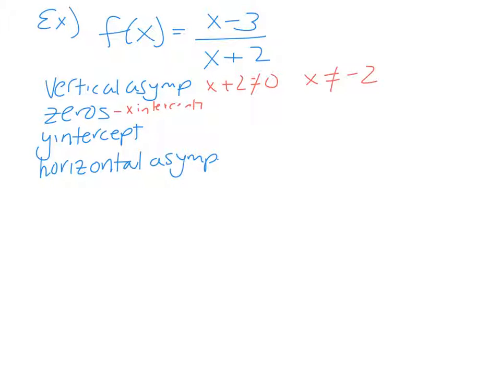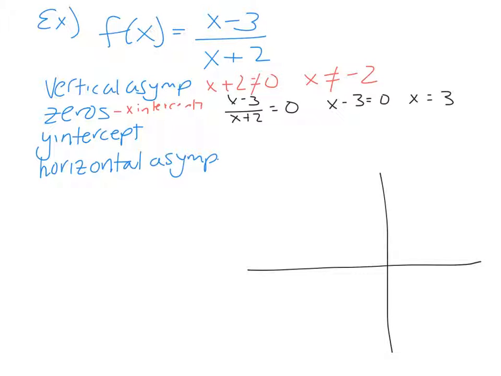When is this function equal to 0? So we're going to say x minus 3 over x plus 2, and set that equal to 0. When is y equal to 0? Yep. When x is 3, because we take the top and say this is going to be 0 when x is equal to 3. So we're going to start to sketch this out. We have a vertical asymptote at x equals negative 2. We cross the axis at x equals positive 3.